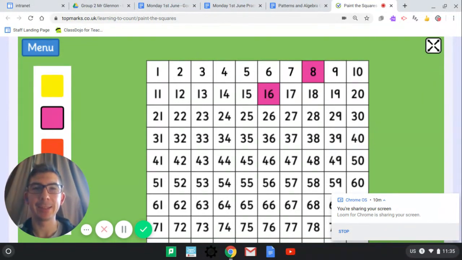Now it says triple that number. So I need to triple 16. Timesing by 3. Okay? So I've got 16 and I'm timesing by 3. I know 16 can be split into 10 and 6.